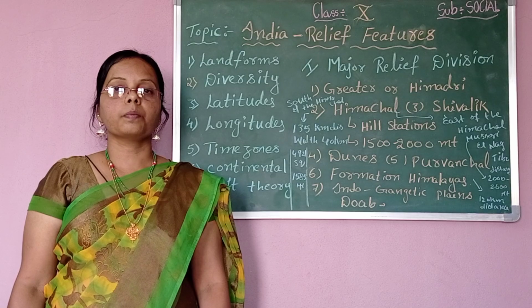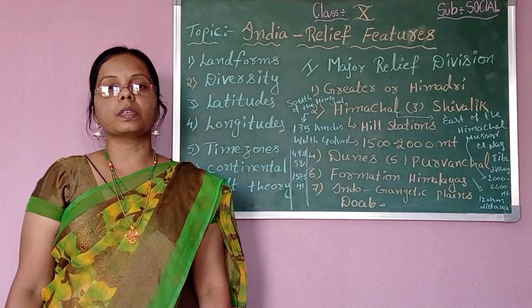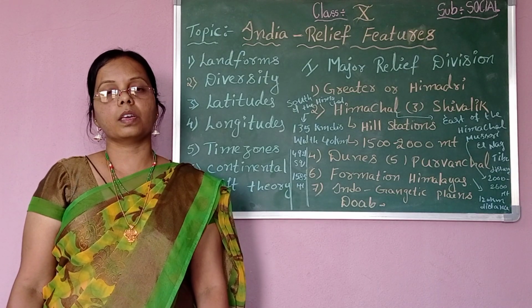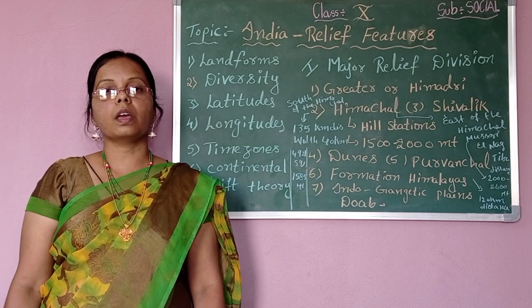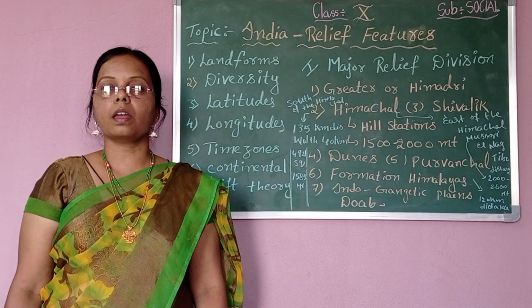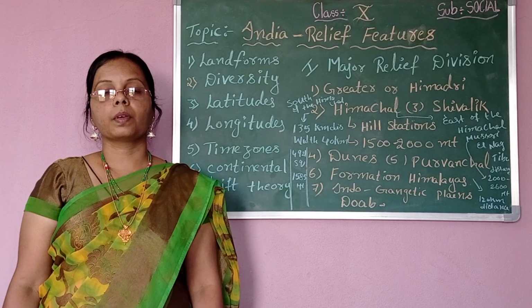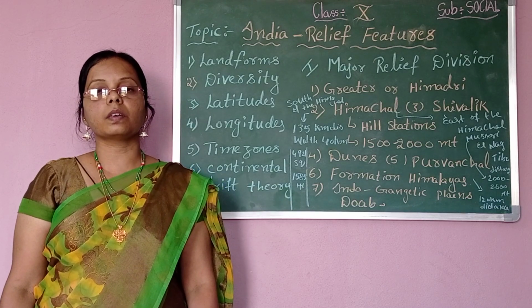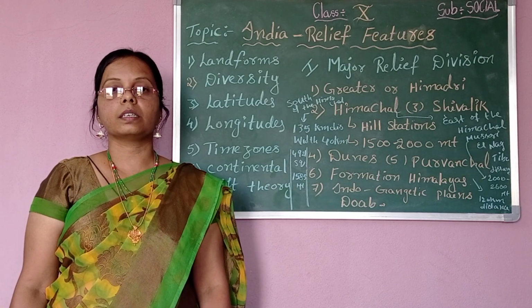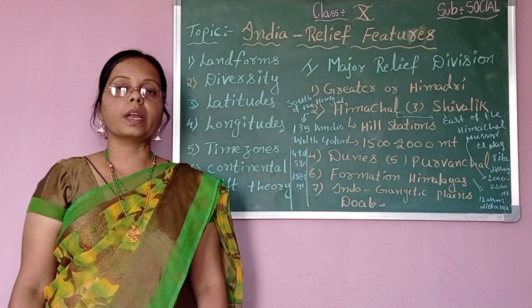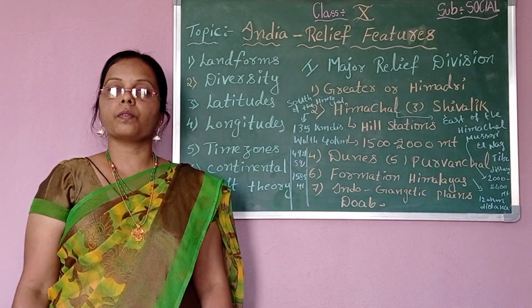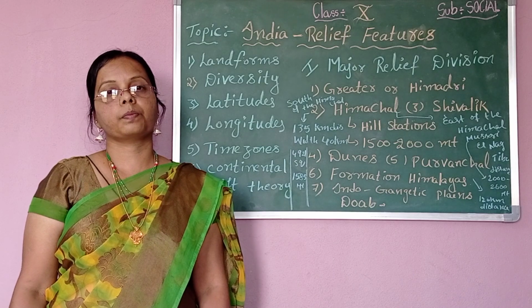Among them, the most important are the 0 degree longitude, known as the Greenwich Meridian or Prime Meridian, and the 180 degree longitude, known as the International Date Line, or 180 east or 180 west longitude.